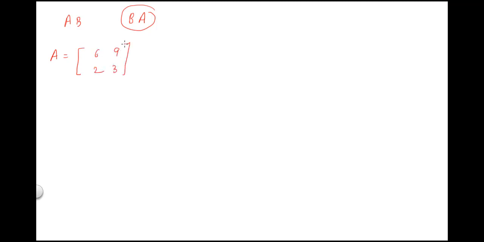So you see the order is 2 cross 2. There is another matrix B which has the elements 2, 6, 0, 7, 9, 8. So what is the order of it? There are 2 rows and 3 columns. So you see here, if we have to find AB, the number of columns in A, which is 2, is equal to the number of rows in B. So yes, AB is defined.